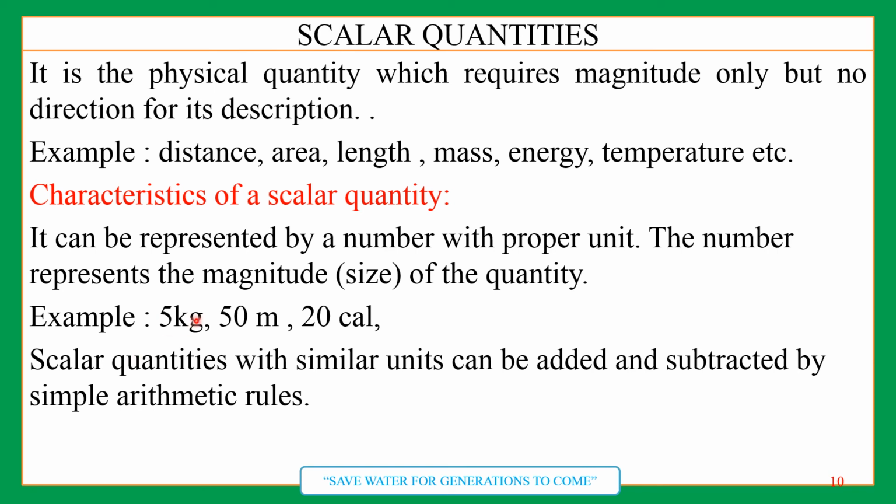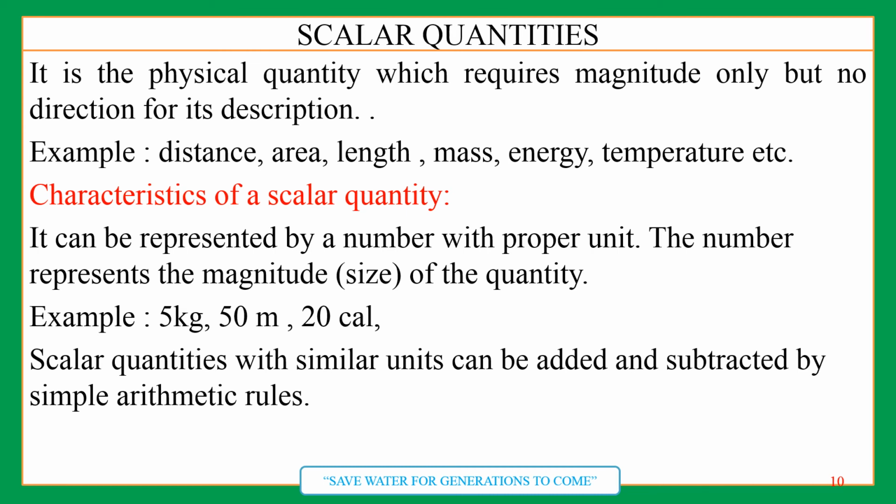Now what about the properties? Scalar quantities with similar units can be added and subtracted by simple arithmetic rules. If you are carrying 5 kg of sugar and your younger brother gives you 2 kg of vegetables, then the total will be 5 plus 2, 7.